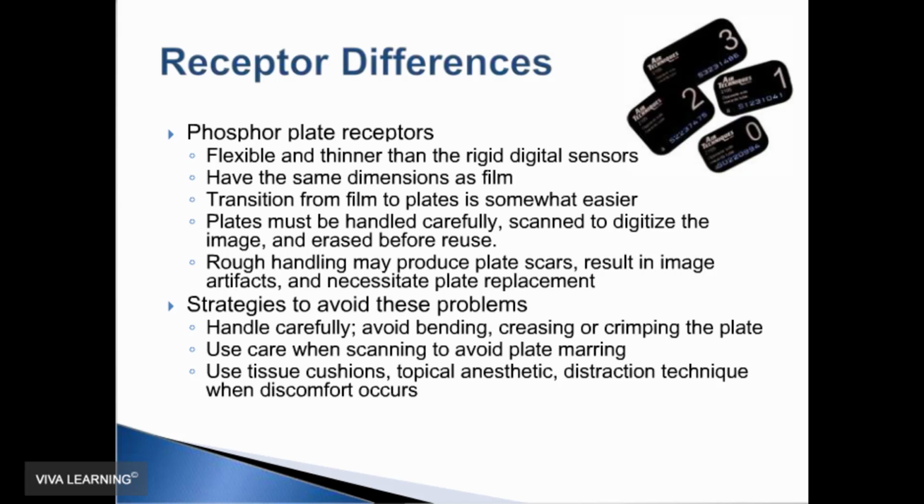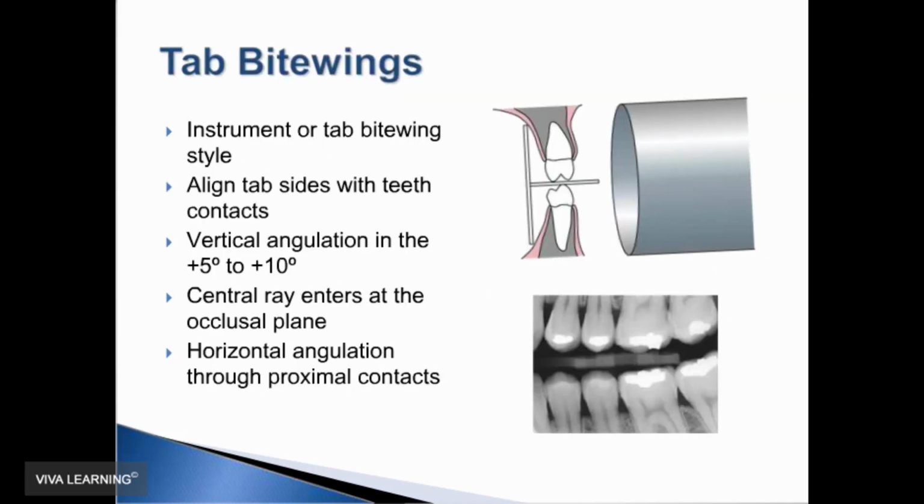If there are a lot of scars or artifacts, it would be best to replace that plate and not reuse it. With plates, just like film and digital receptors, if they are uncomfortable, again, you can attach a cushion to the covered plate, use topical anesthetic, or use a distraction technique to better manage the patient.